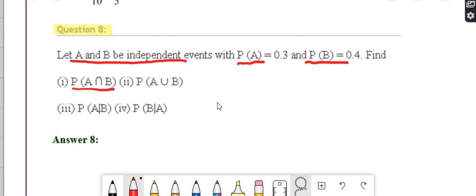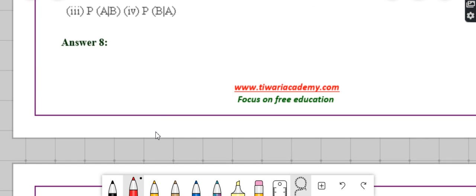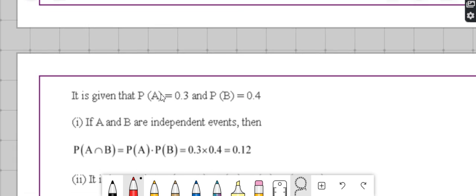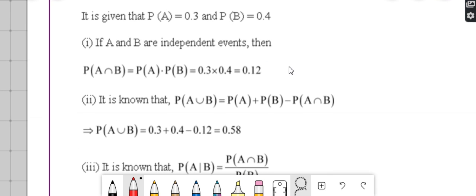Now you know that if A and B are independent events, then the meaning is clear. P of A intersection B is equal to P of A into P of B. So that I will use over here. So P of A intersection B is 0.12.